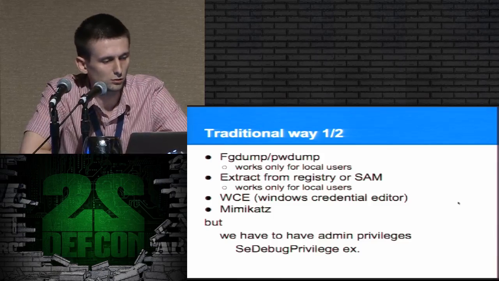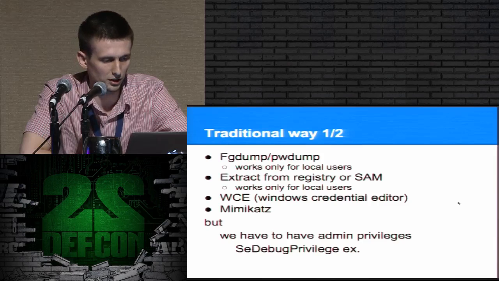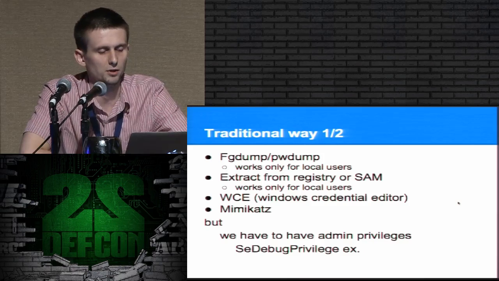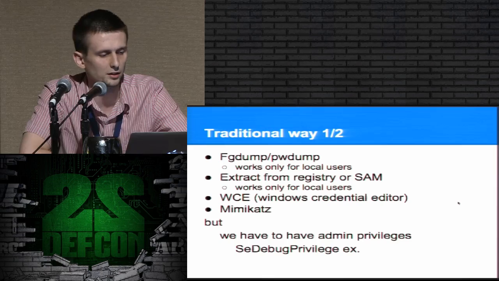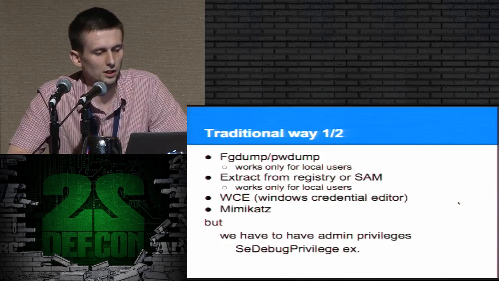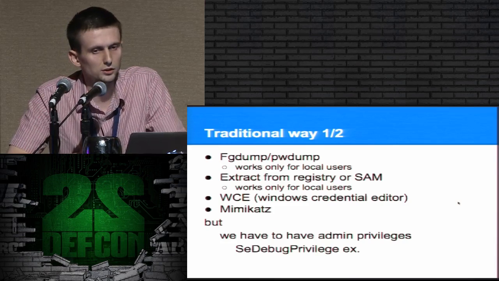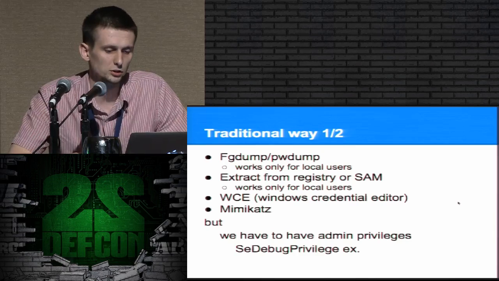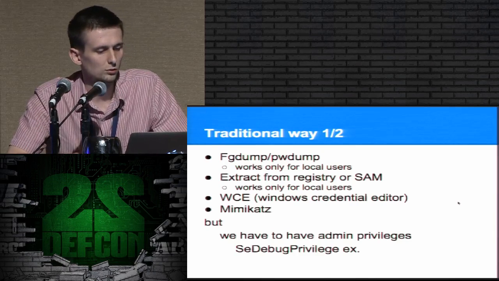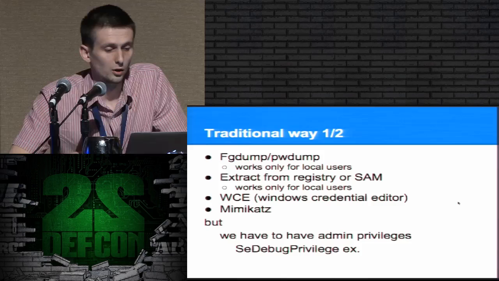But the disadvantage of those ways is that you have to have admin privileges, for example to grab the registry, or some debug privileges to extract hashes and passwords from memory like Mimikatz or fgdump do. If you remember, in the definition of our task, we don't have admin privileges on our workstation. So we can't use those tools to perform our engagement.